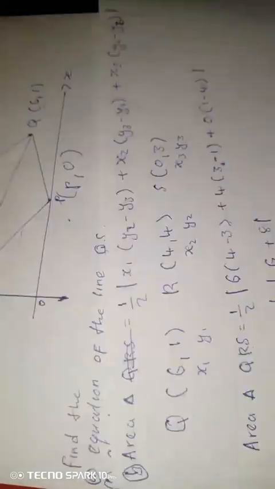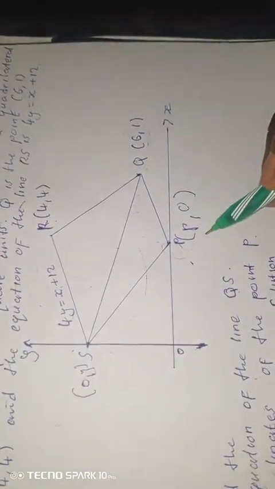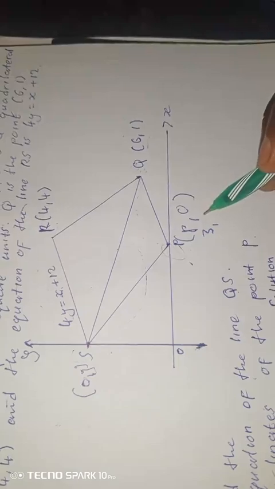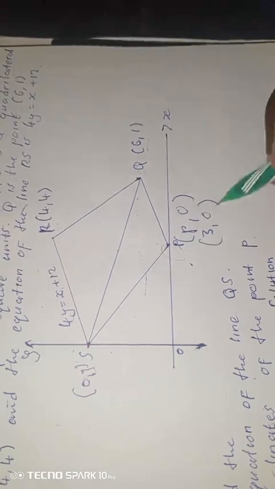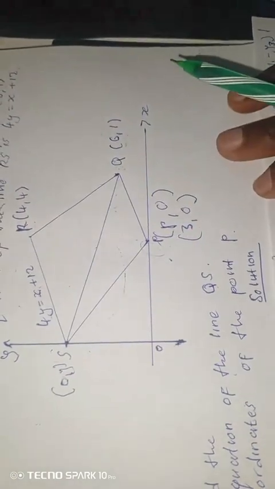Then our coordinates for P will be 3, 0. And it is true, as you can see on the diagram. So we have 3, 0. This is our coordinates for P. Thank you very much for watching.